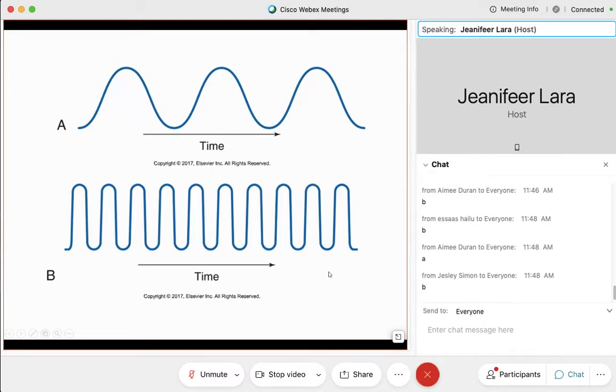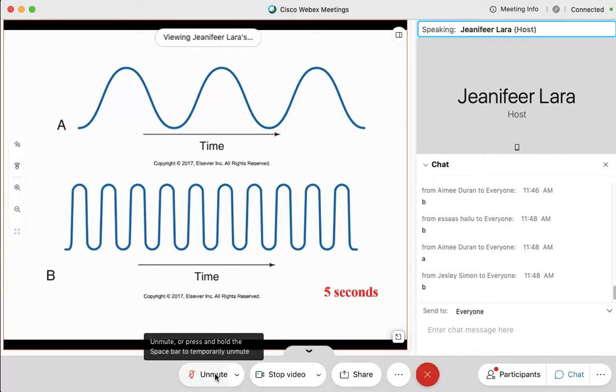The next question that I'm going to ask is, what is the relationship between frequency and wavelength? If I have a larger wavelength, what happens to my frequency? Is it not as intense?